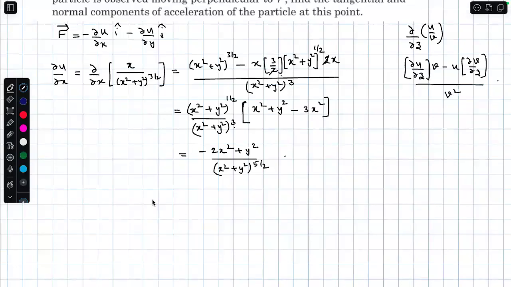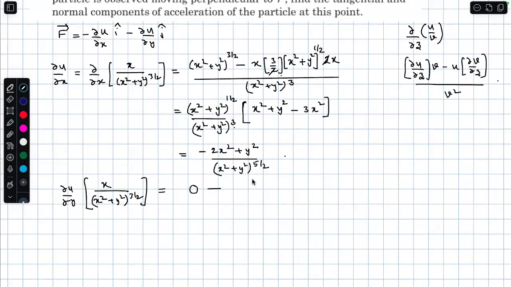This is only dou u by dou x. Now comes dou u by dou y of x by (x² + y²) whole to the power of 3/2. Fortunately, the first differentiation is 0 because there is no y term in the numerator.